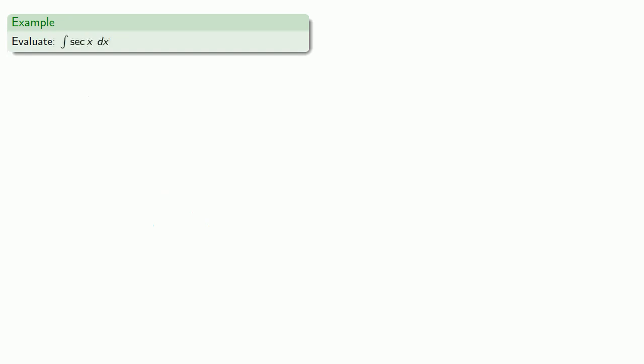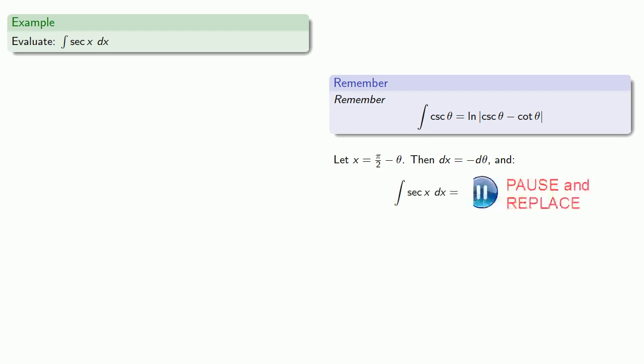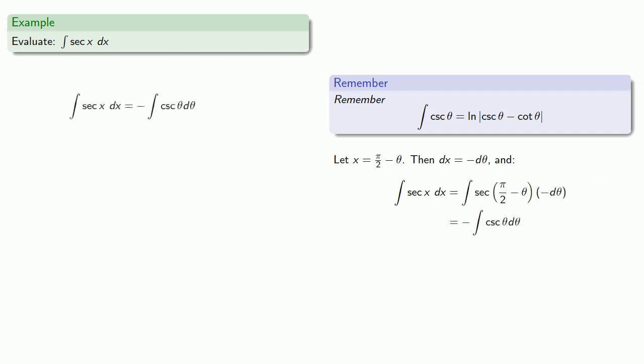So let's say I want to evaluate the integral of secant x. So we've just determined the integral of cosecant theta, so we'll let x equals pi halves minus theta, then dx equals negative d theta, and if we substitute, we get and we know this integral.